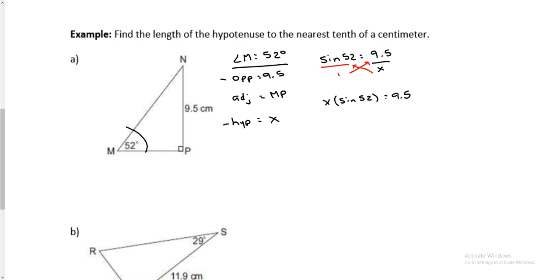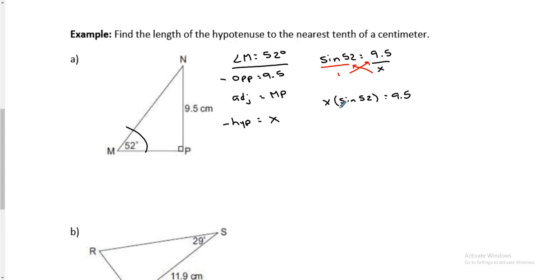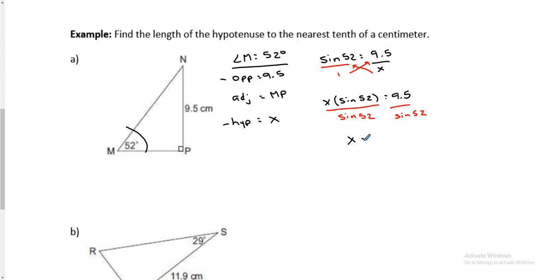Now we need to get X by itself because that's what we're solving for. And because we are multiplying by sine 52, it stands to reason that we need to divide by sine 52 to get the value that we are looking for. So that means our line here is going to look like X is equal to 9.5 divided by sine 52.